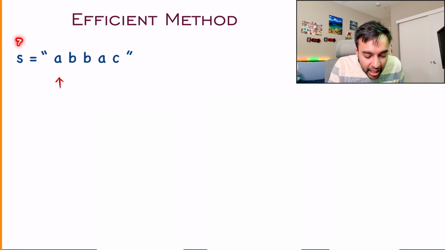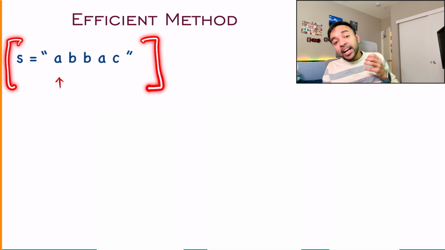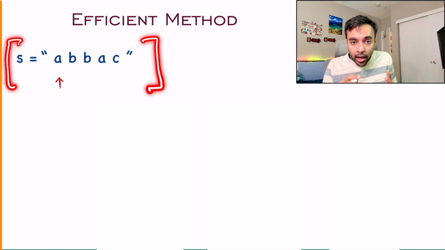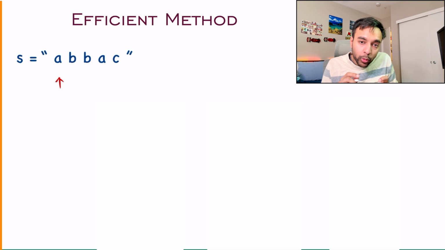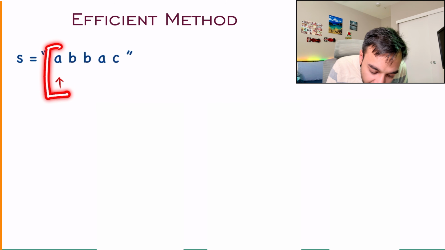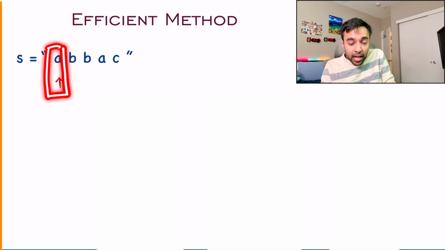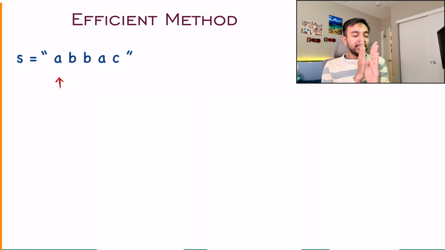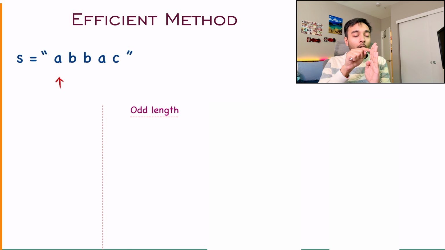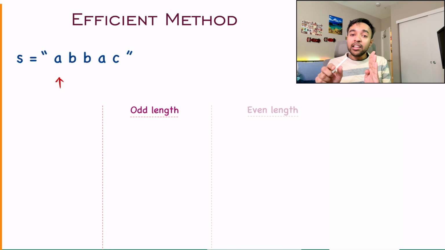So let us say you take up the same sample test case again. And then we are going to find out how many palindromes are possible. To do this, what we are going to do is, we will start off with the first character. And then for every position, we are going to consider it as the centermost point. If we have found out the centermost point, we are going to look for odd length palindromes, and then we are going to look for even length palindromes.